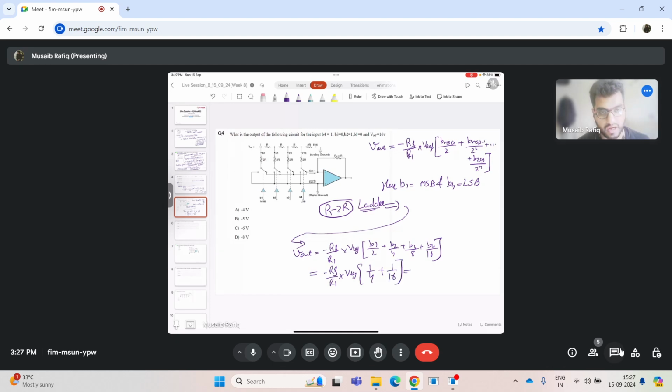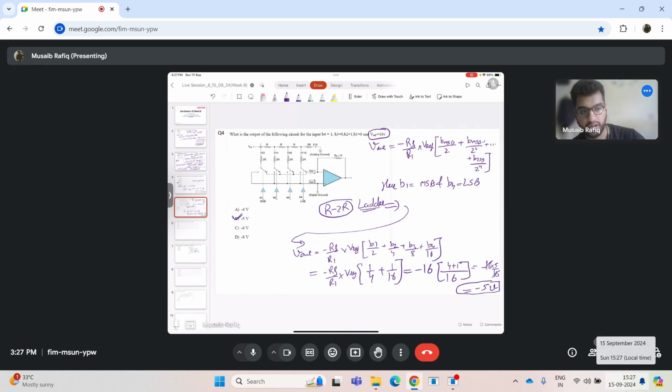Then plugging in values, Rf and R1 are both R, so this will be 1. Vref is your 16, so minus 16. Taking 16 as LCM, this is 4 plus 1. So this is minus 16 times 5 by 16. So this is nothing but minus 5 volts. That is option B. That is the correct answer. Any doubts?